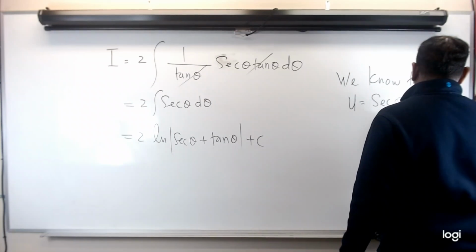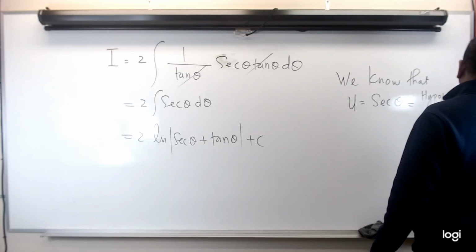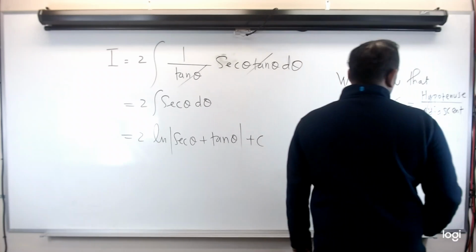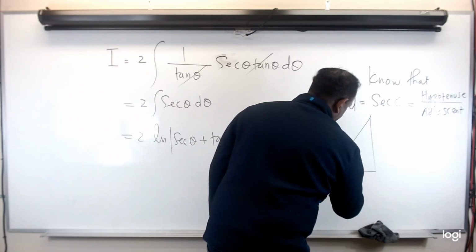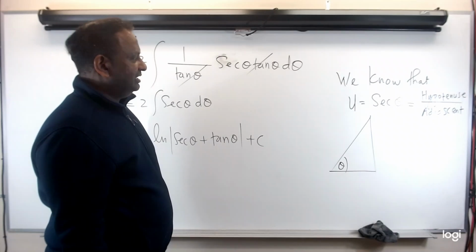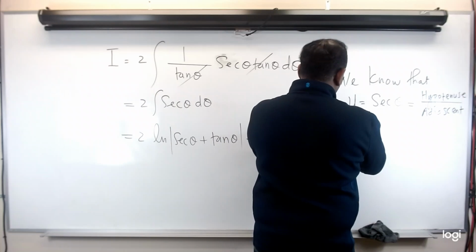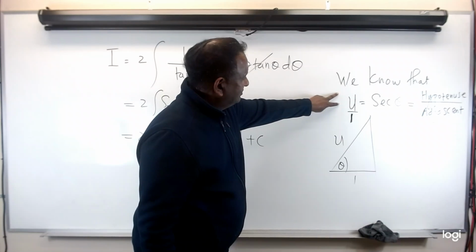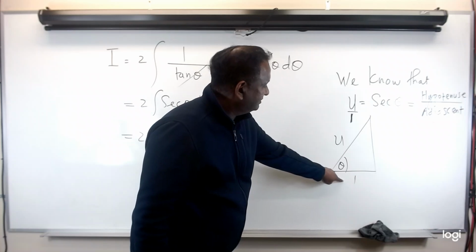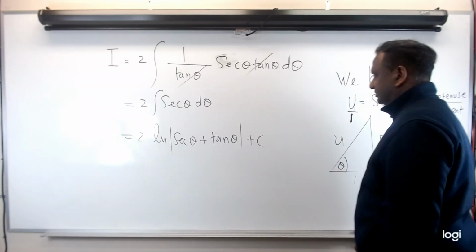Secant theta means hypotenuse over adjacent. So if this is my theta, the hypotenuse is u over 1. If that's the case, the opposite side should be nothing but the square root of u squared minus 1.